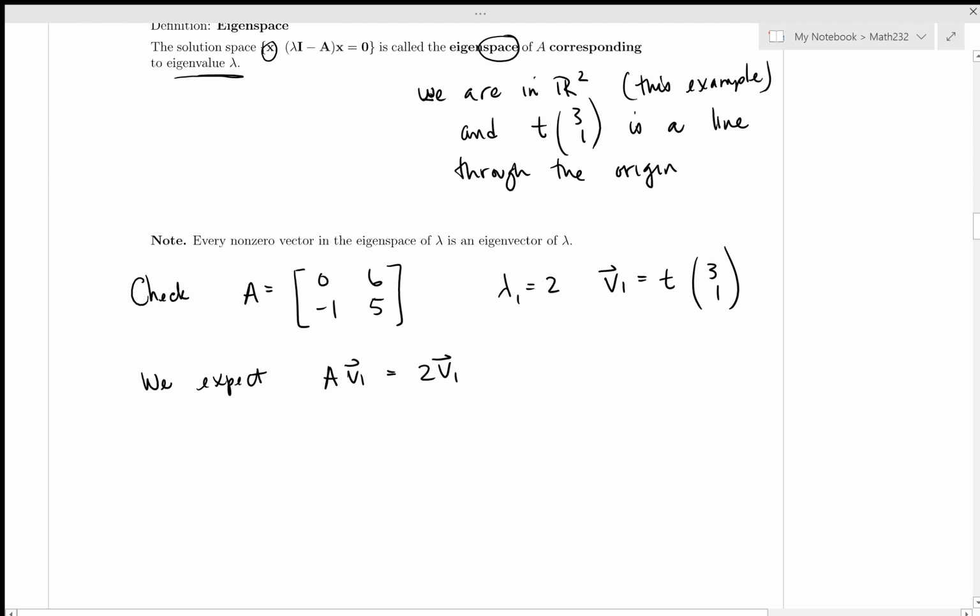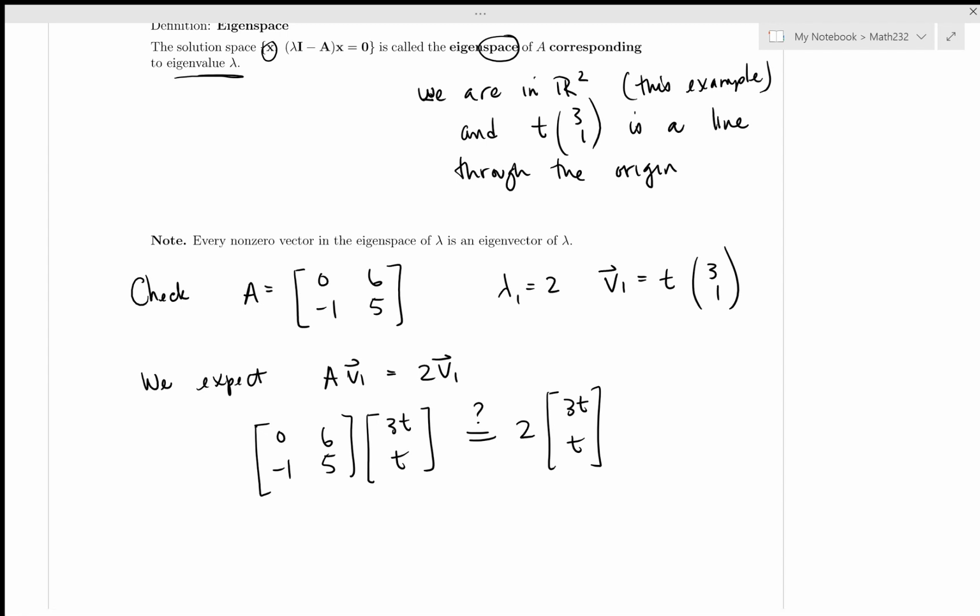So how we're going to check that is we're going to take A, and we are going to multiply it by V1. V1 is 3t and t, and we expect, and we're going to check, is that equal to 2 times 3t and t. And so I've just filled in all of the things we found. I filled in A, I filled in V1, I filled in lambda 1 is equal to 2.